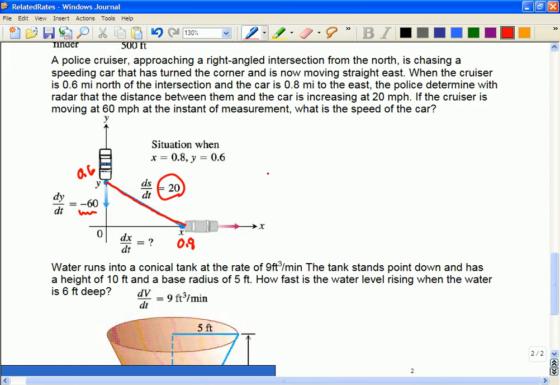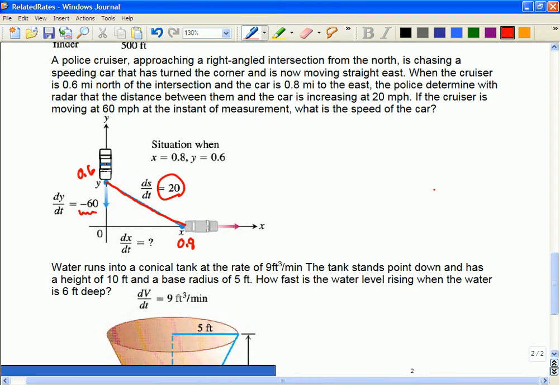But let's see here. We do have enough information to figure this out. How do we relate these pieces together in this information? Anybody come up with a formula? I'll give you a hint. He died a long time ago. He's Greek.